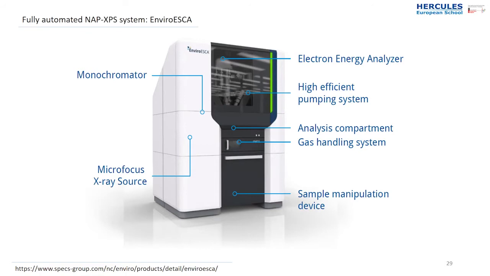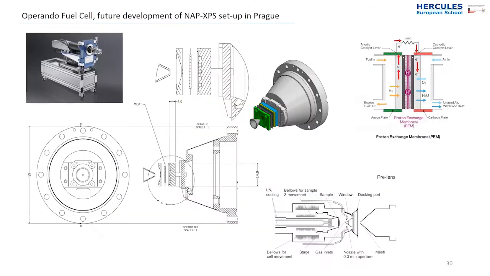SPECS is creating the so-called EnviroESCA that will be suitable for measuring biological samples and other samples that are difficult to measure by conventional NAPXPS, or when you need the measurement to be done under higher pressure. This will be installed in our institute within a few months, and we will be welcoming new users to use this new device.